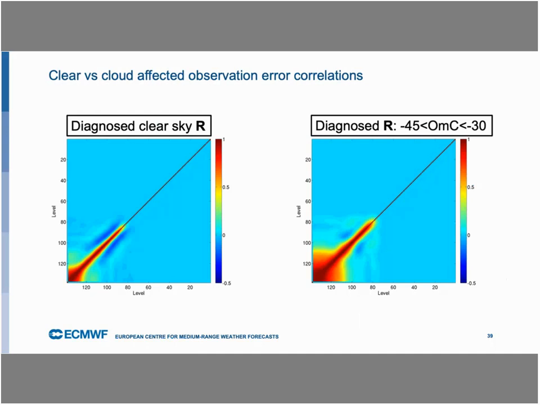The left-hand side plot is showing the error correlation for cloud-free humidity retrievals, and the right-hand side plot is showing an example of diagnosed error correlations for a very much cloud-affected one. So you can see that the error correlations increase significantly for the cloud-affected retrievals, as well as the observation errors.